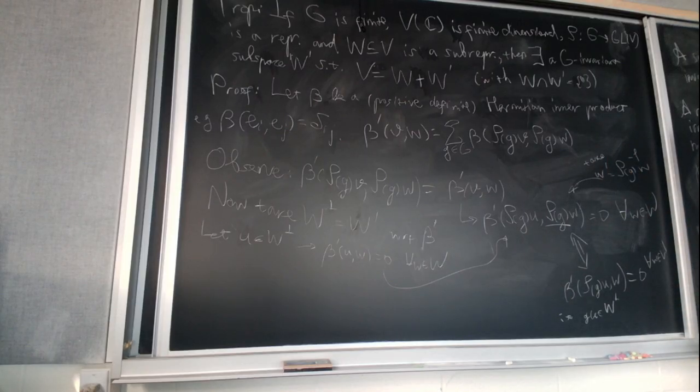So that's the proof. If you have a representation and a subrepresentation, then you can split it into that subrepresentation plus some other subrepresentation. And V is finite dimensional, so you can keep doing this until you arrive at a bunch of irreducible subrepresentations.